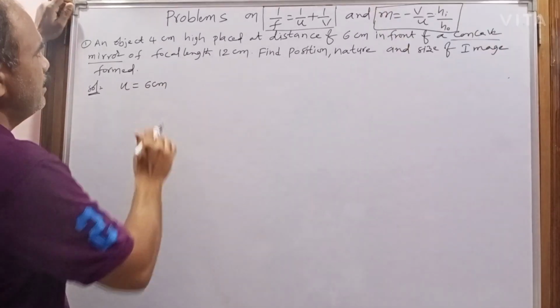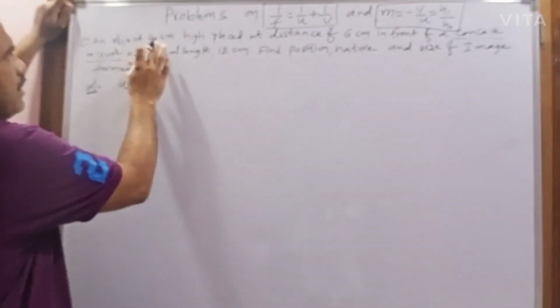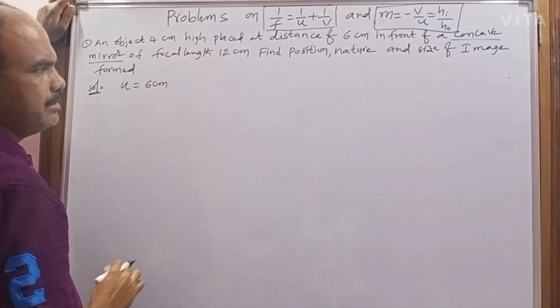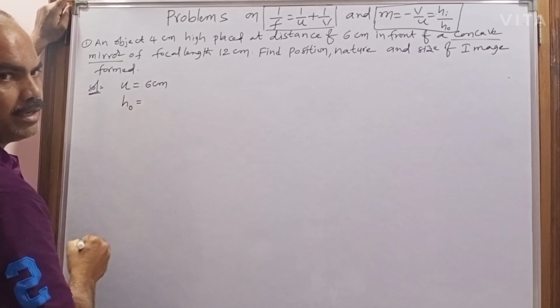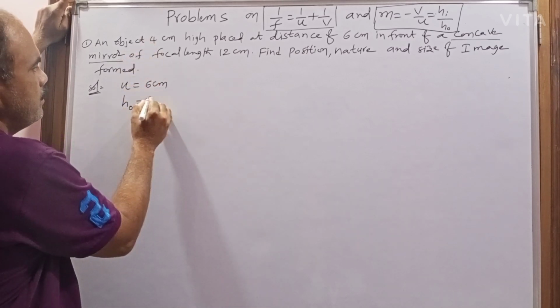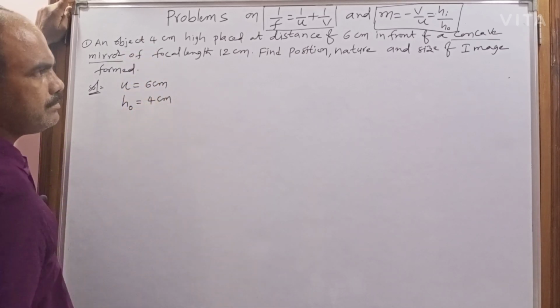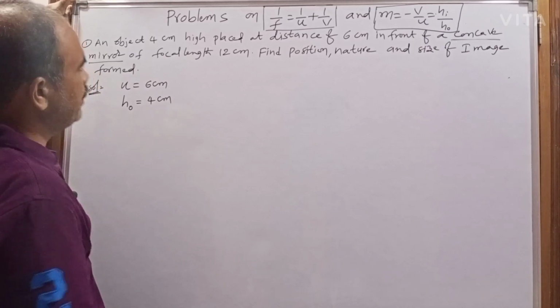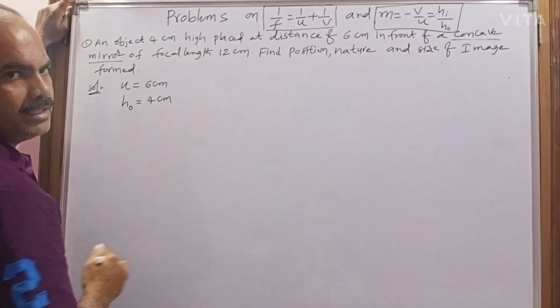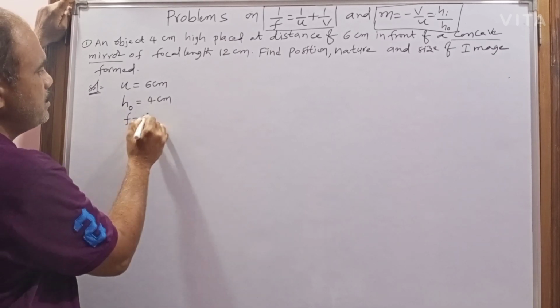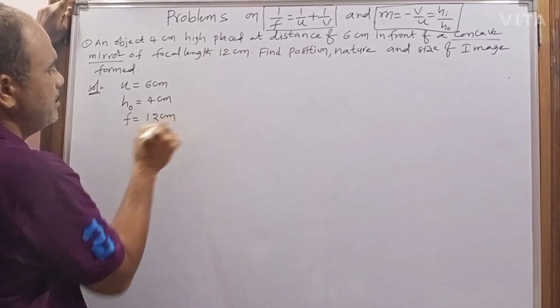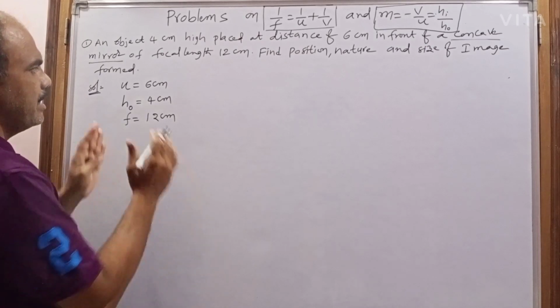Next, the height of the object is given, represented with the letter h0, and it is 4 cm. And then, the focal length of the concave mirror is given, that is 12 cm. So these are the given data.